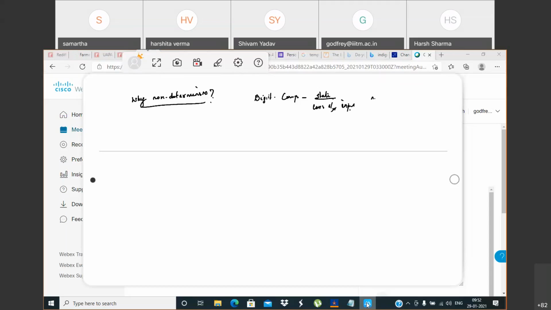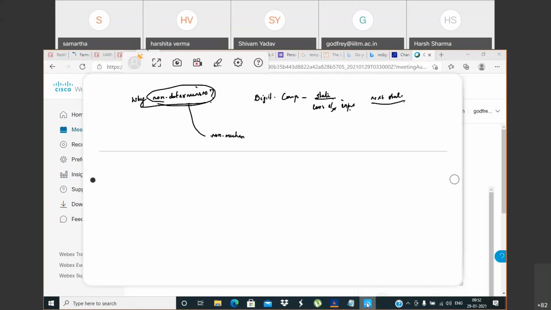But what are we trying to do? We are trying to model some systems. By introducing this non-determinism, you are trying to model systems which include non-mechanical features, right?